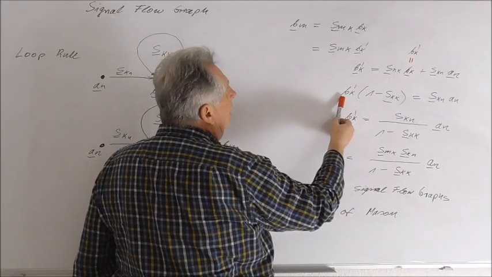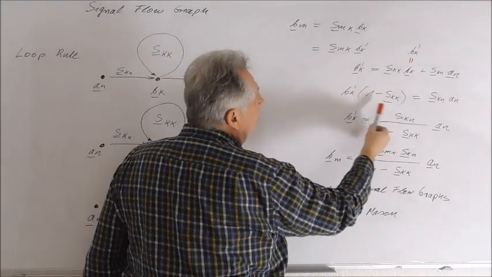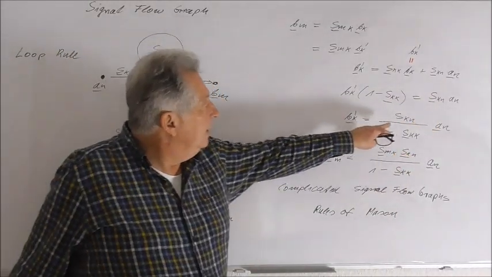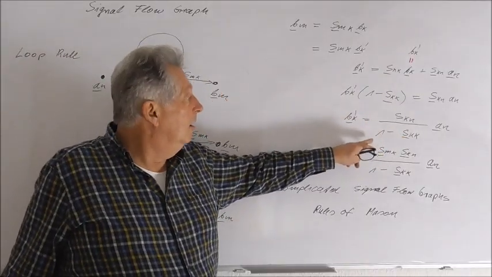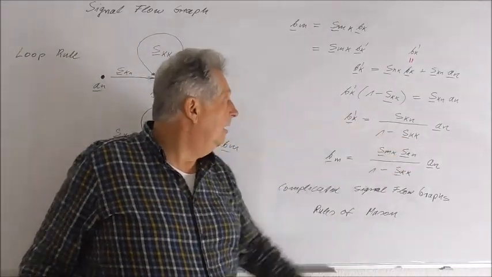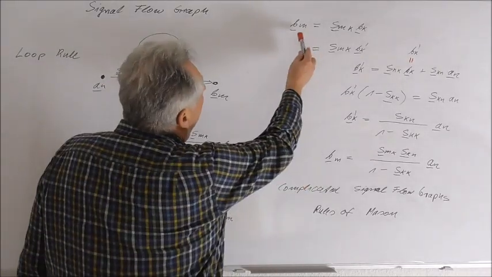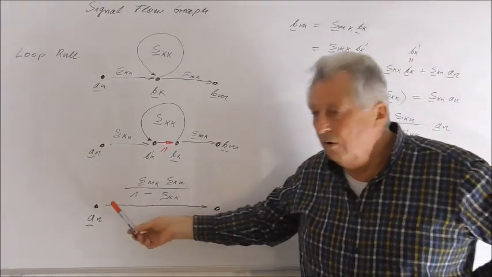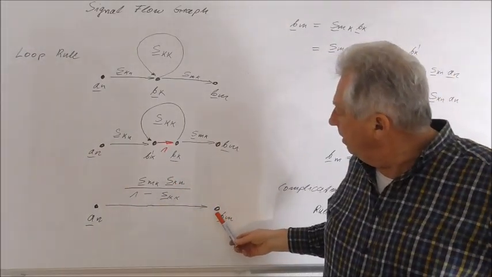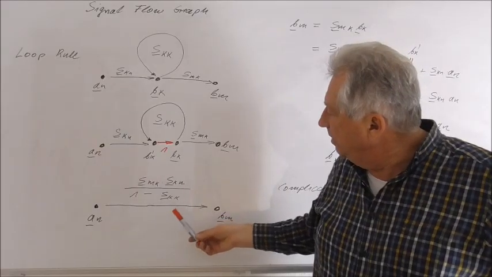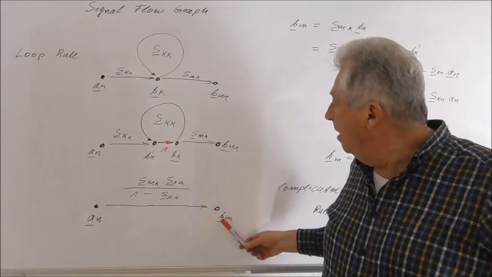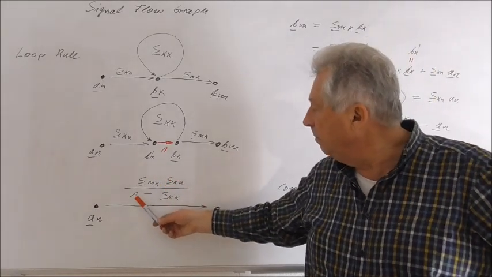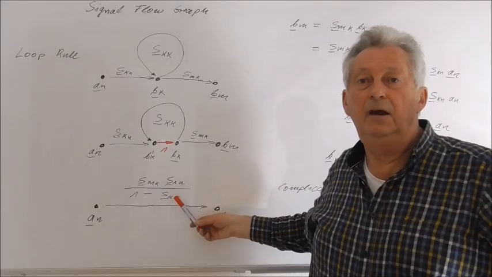Here we have BK prime times this term is equal to AN. So BK prime becomes SKN divided now by 1 minus SKK, and this can be inserted into this equation, and in the end we find that the scattering parameter between AN and BM is equal to SMK times SKN divided by 1 minus SKK.